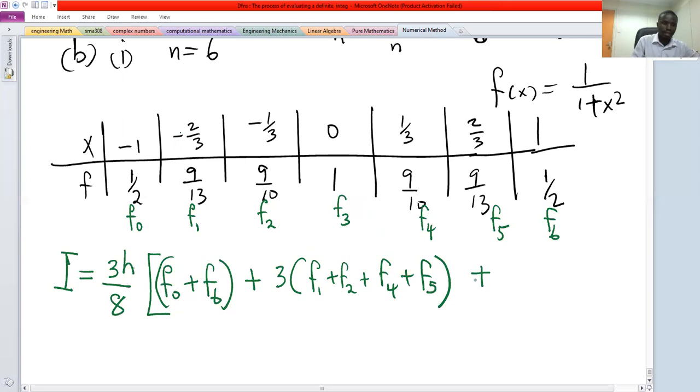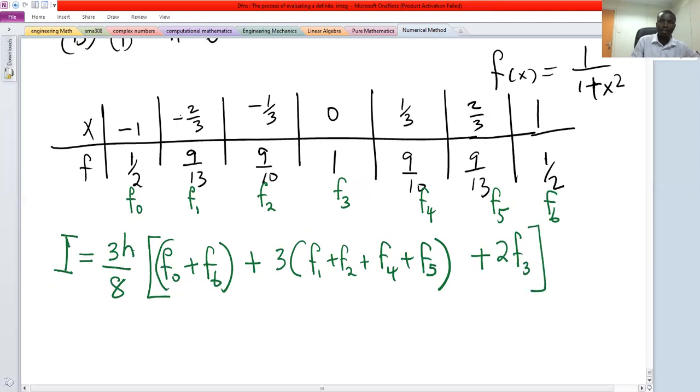And then plus twice those which are multiples of 3. So we have only f3. We don't write f6 because f6 is an end ordinate. So h is 1 over 3, and when multiplied by 3 over 8, we get 1 over 8.